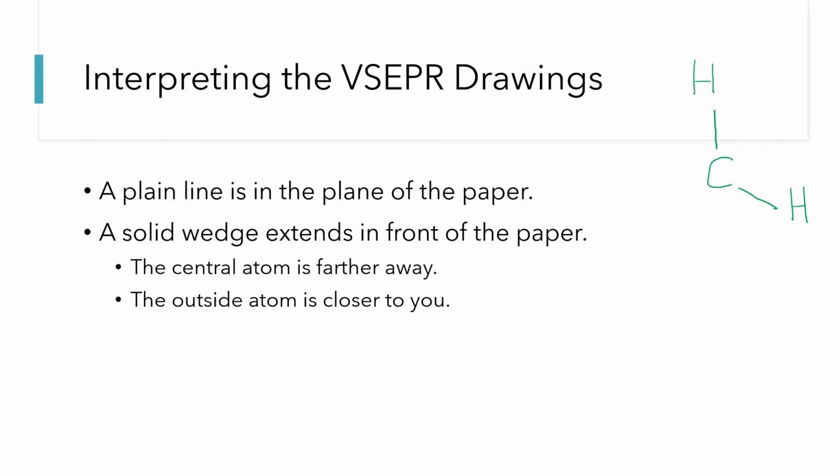Then a solid wedge extends in front of your paper, closer to you, or in front of your computer screen. And so we would draw that in methane for the bottom left one that's closer to you. So there's our solid wedge.